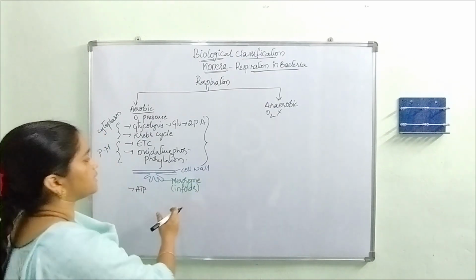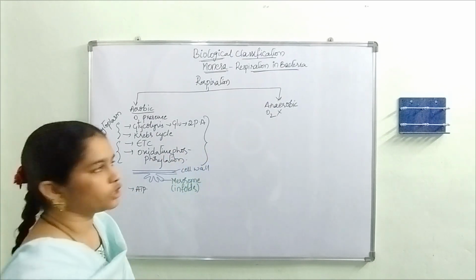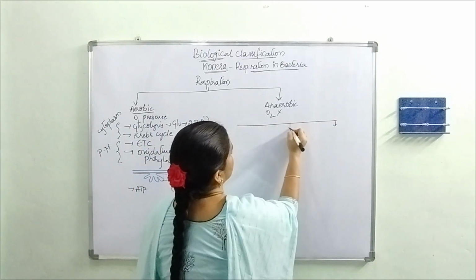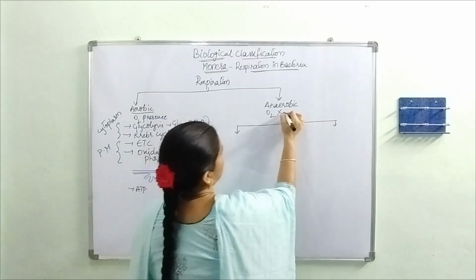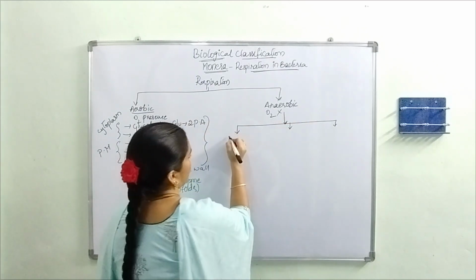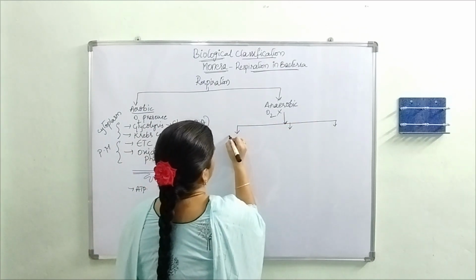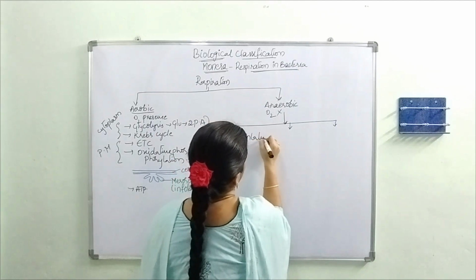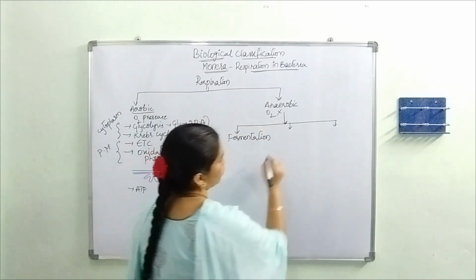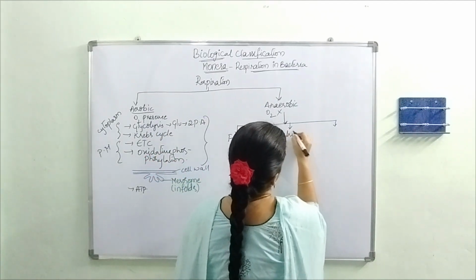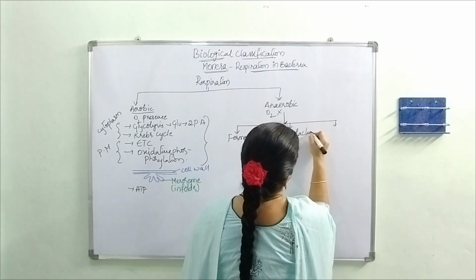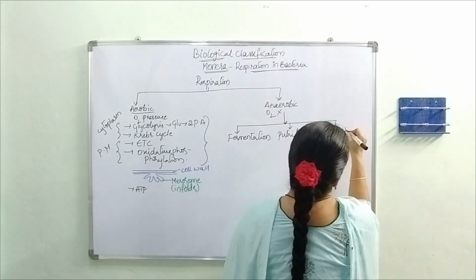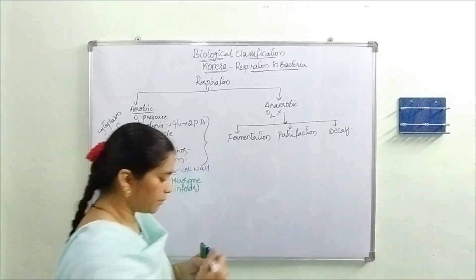Next, coming to anaerobic respiration, it occurs in 3 types of processes. They are: 1. Fermentation. 2. Putrefaction. 3. Decay. What is fermentation?